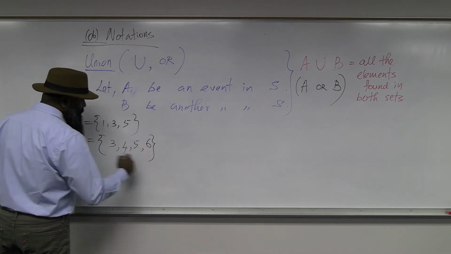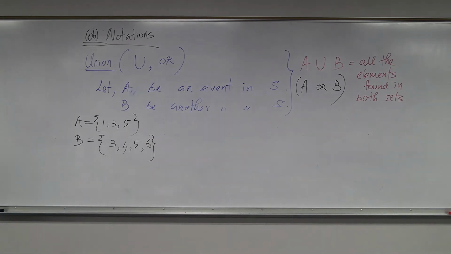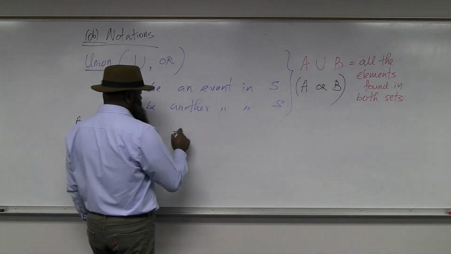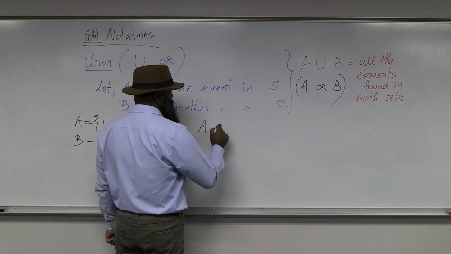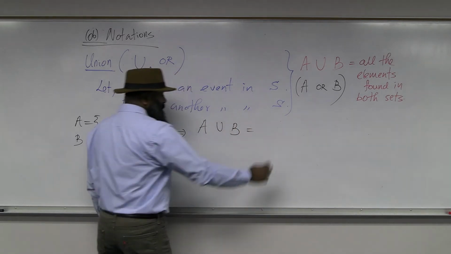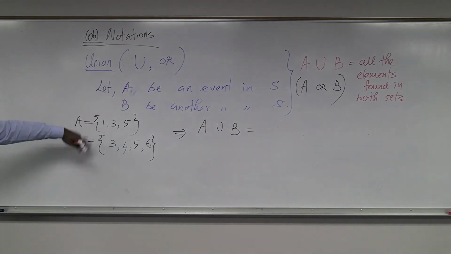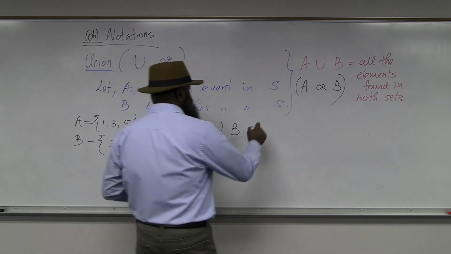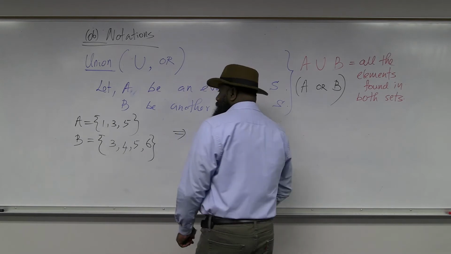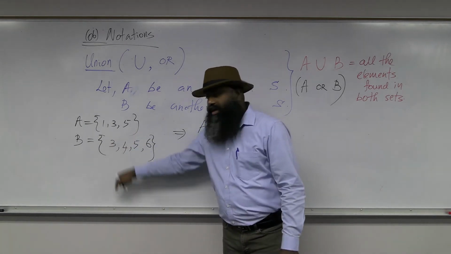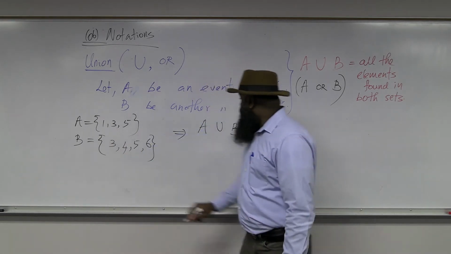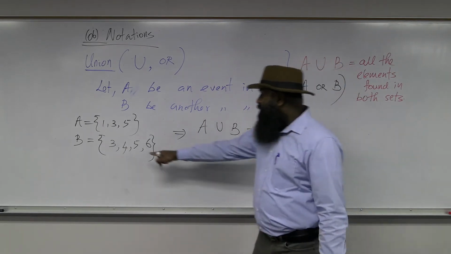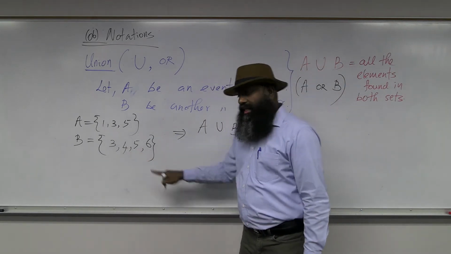Okay. Now, what's my A union B? A union B. All the elements found in both sets. I have 1. I don't have 2, therefore I will not write 2. And I have 3. And I have 4. I have 5. I have 6.